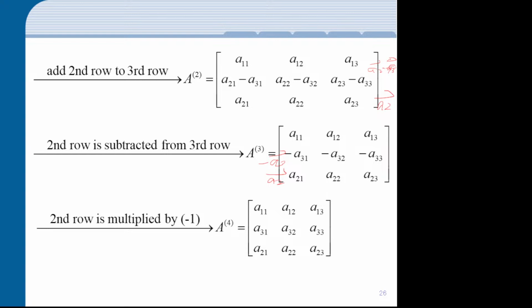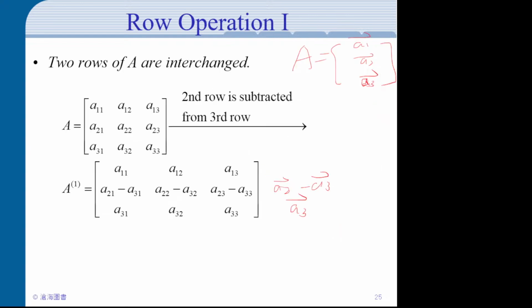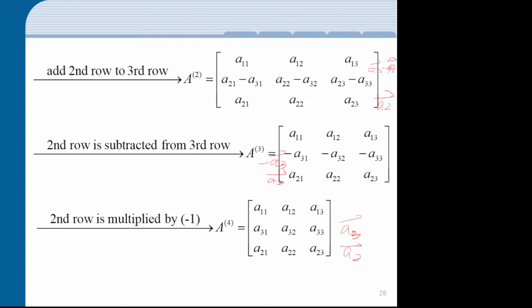Now we have exchanged 2 and 3, but we have an extra minus sign, so we just multiply by the minus sign. Then we get A3 and A2. So this is how we exchange the second row and the third row. We do a whole bunch of addition, subtraction, and then we multiply by -1.